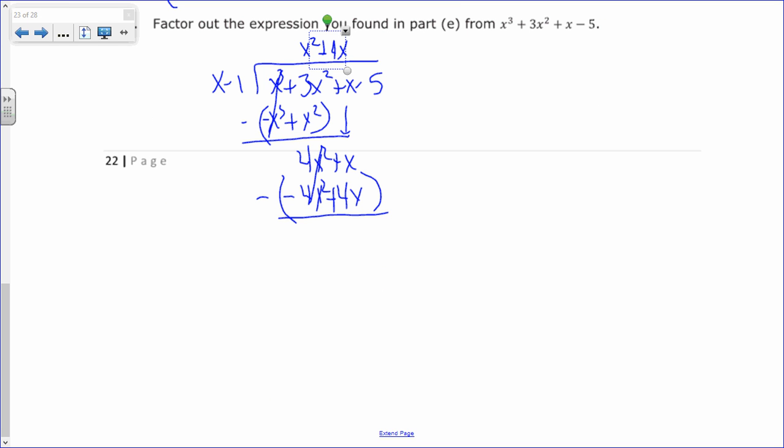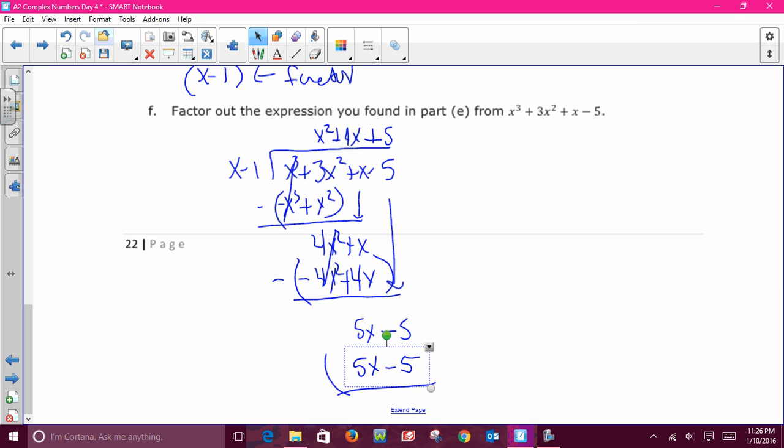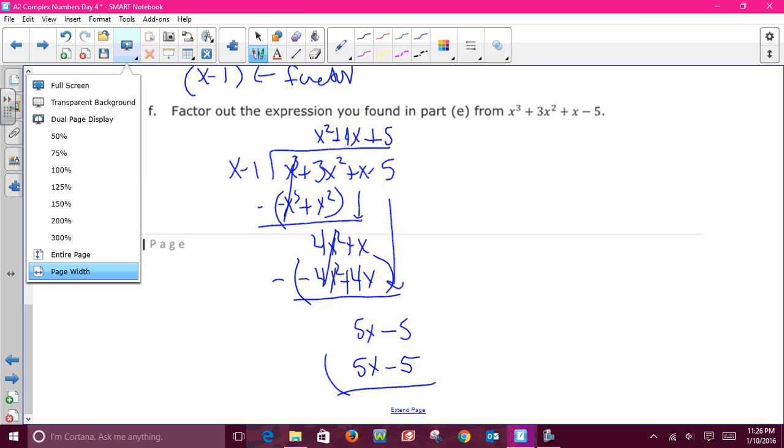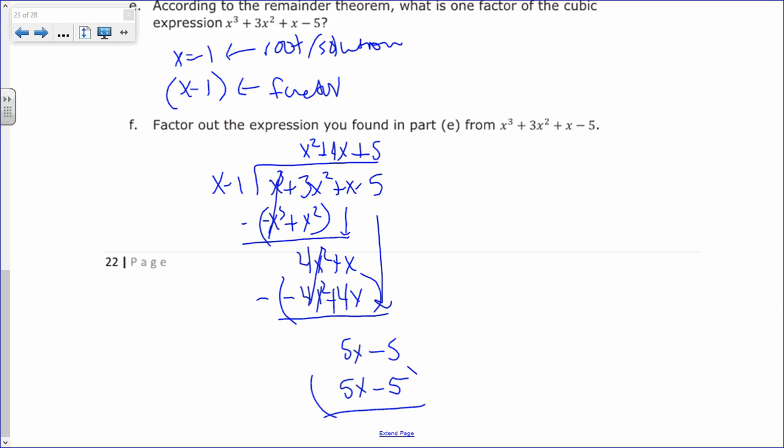And then I will have a 5x and bring down my minus 5, so that would be plus 5. So 5x minus 5 when I multiply, and then when I go to subtract, everything changes to its opposite, so I get 0.